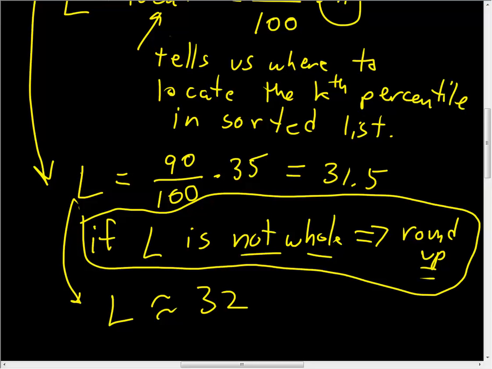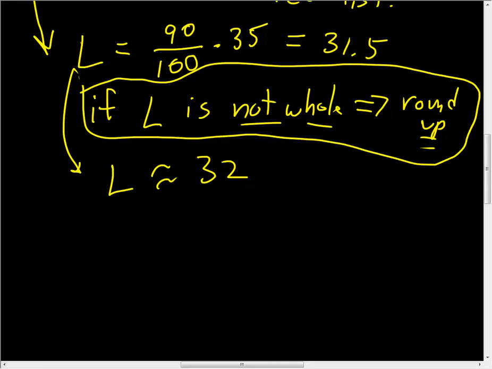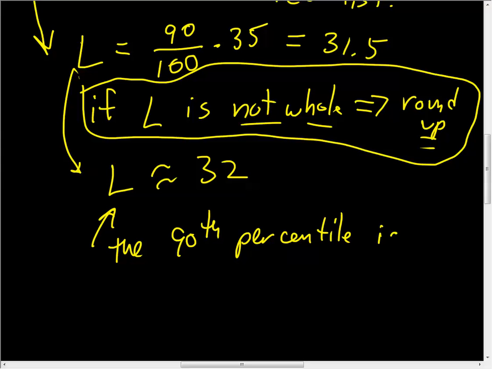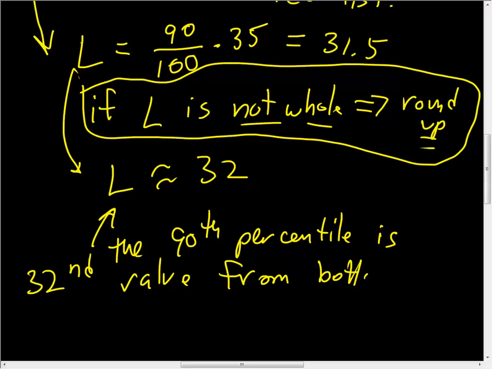This tells us the 90th percentile is the 32nd value from the bottom of your sorted data list.